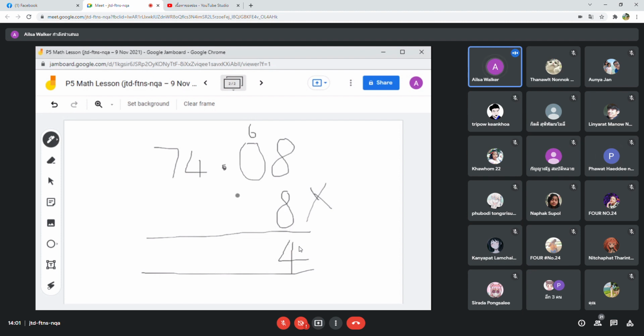So next we do 0 multiplied by 8. Equals how many? 0 plus 6 equals 6. Very good.